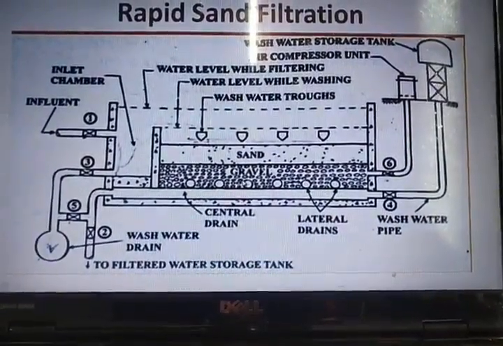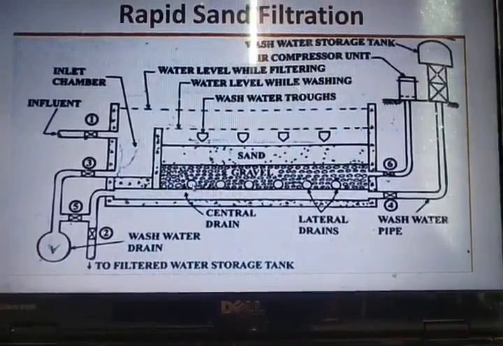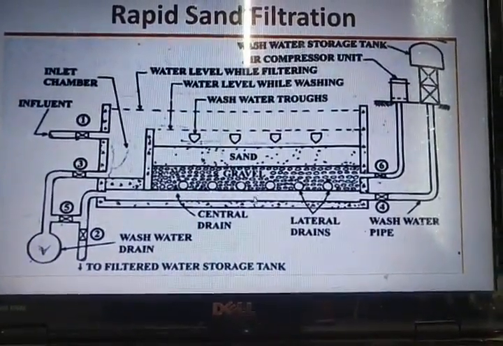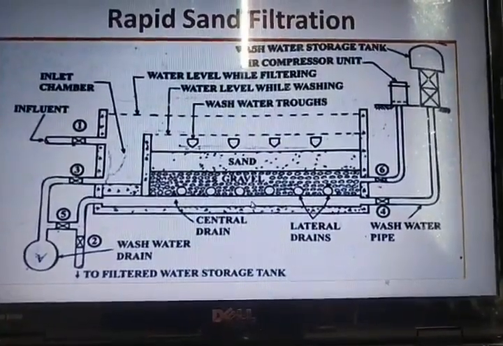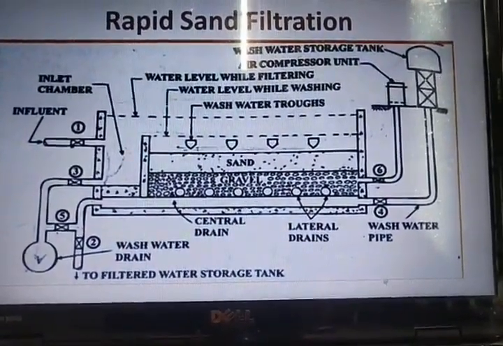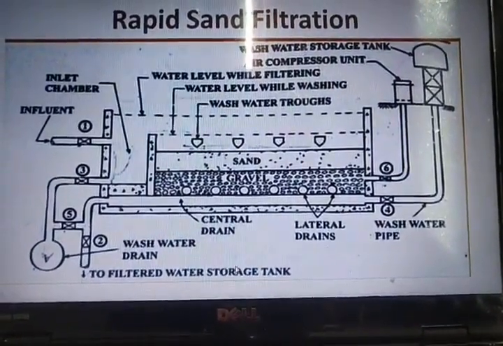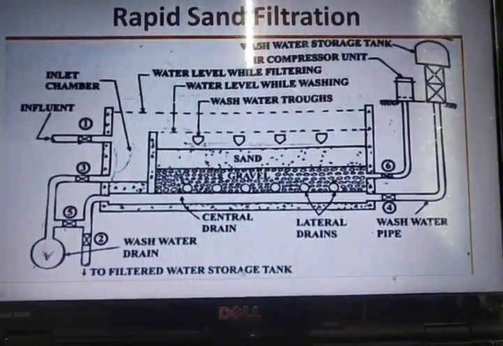Those are called lateral drains. These lateral drains have perforations, and all these lateral drains will discharge the treated or filtered water into this central main drain, through which the water is taken out and stored in the filtered water storage tank.